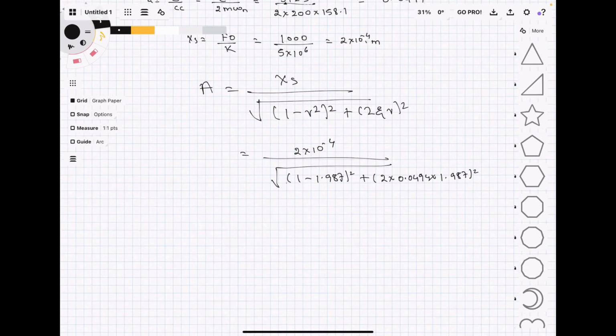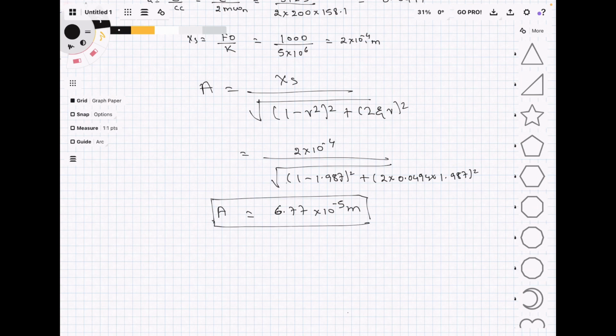If we solve this, we'll be getting 6.77 into 10 to the power minus 5 meter. This is the amplitude of the system under normal condition.